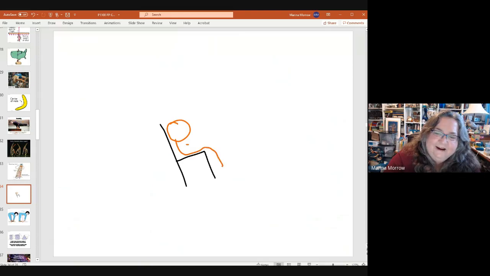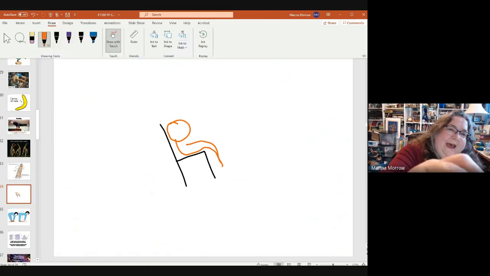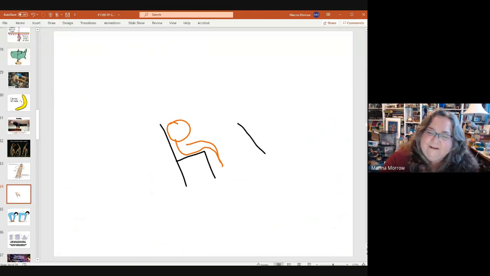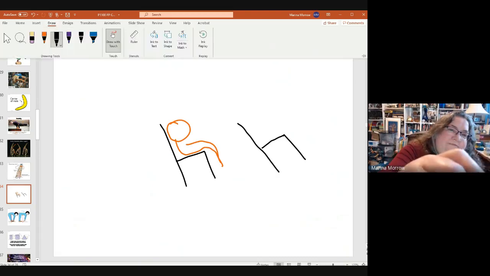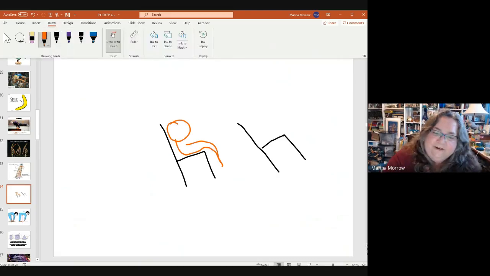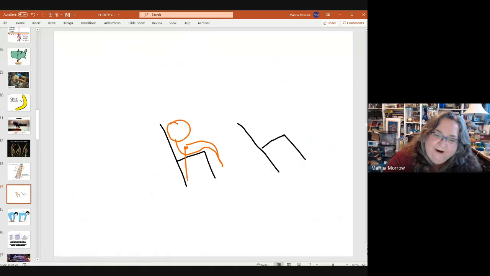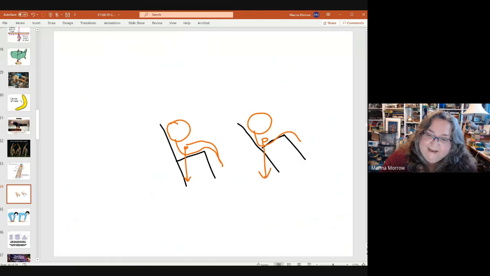So you're sitting there leaning back in your chair, and everything's fine until you lean so far back that your center of mass exceeds your base. So here your center of mass might still be barely within your base, which is going to be the chair in this case. But once you get over here, your center of mass is exceeding the base, and all of a sudden you start to fall backwards.